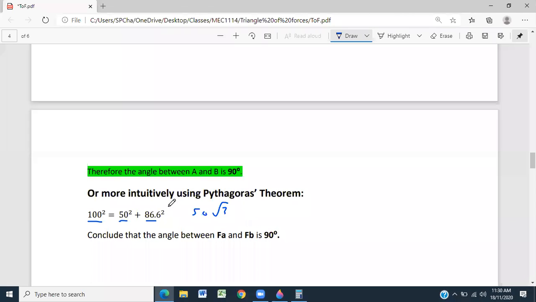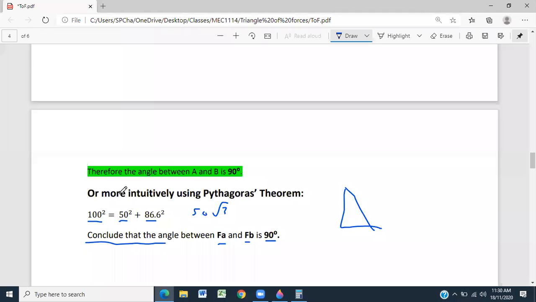Great. So if you noticed that this was indeed a right angle triangle from the start, you could have just used Pythagoras' Theorem and concluded intuitively that the angle between A and B is 90 degrees.